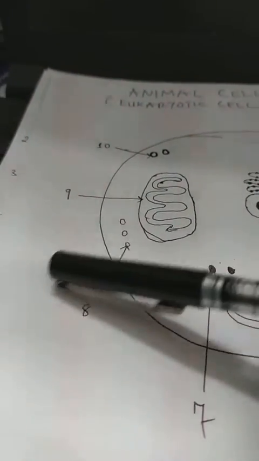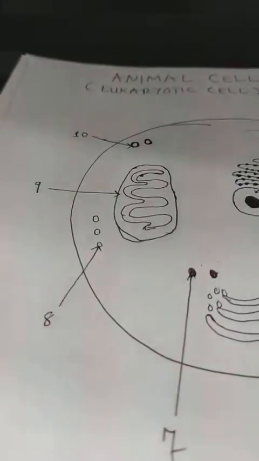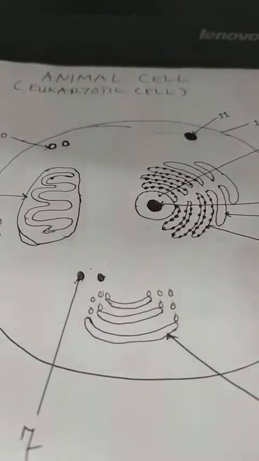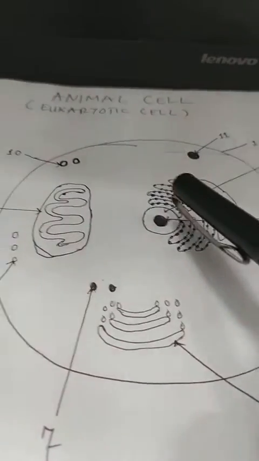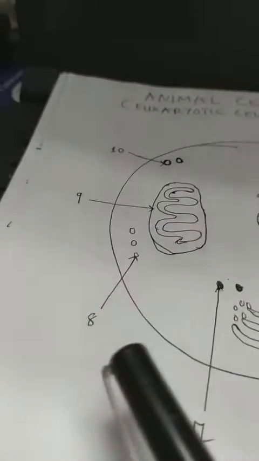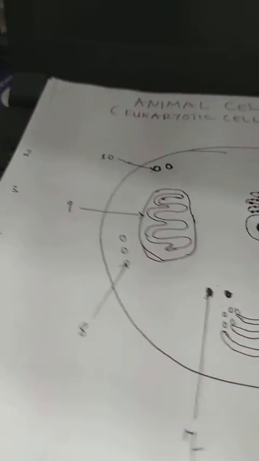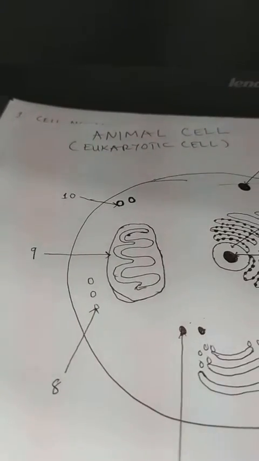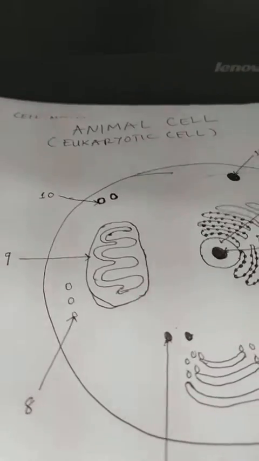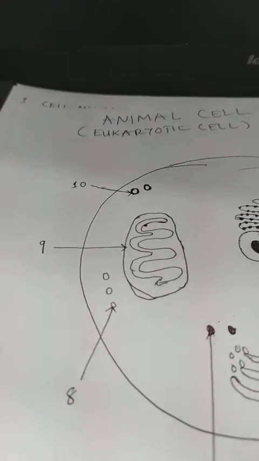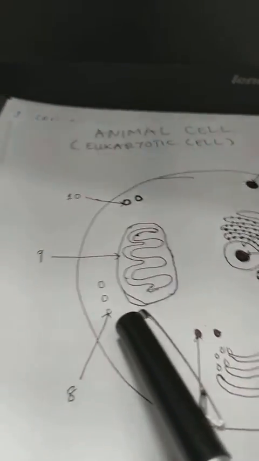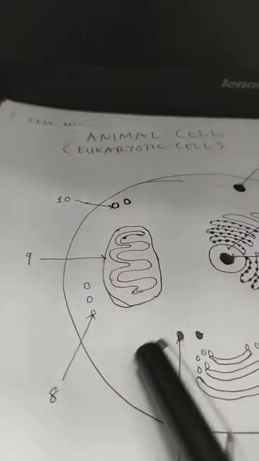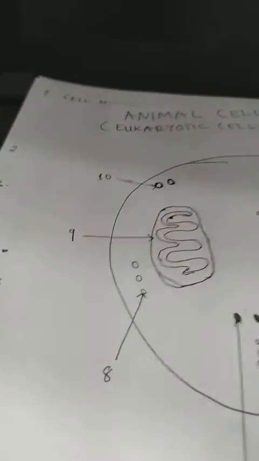So let's move on to structure number 8, and this is our ribosomes. Unlike the ribosomes present inside our rough endoplasmic reticulum, these free ribosomes, labeled by number 8, also synthesize protein, but the protein synthesized inside our free ribosomes ends up inside our cytosol.